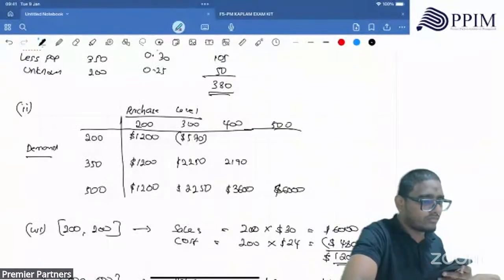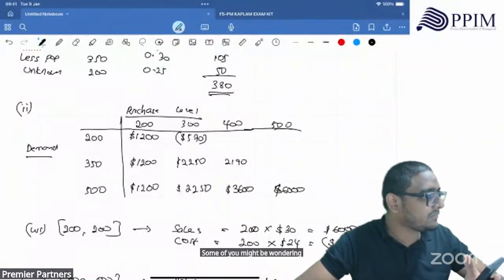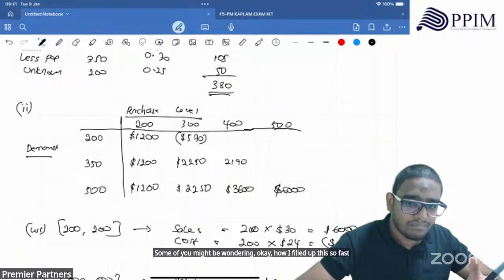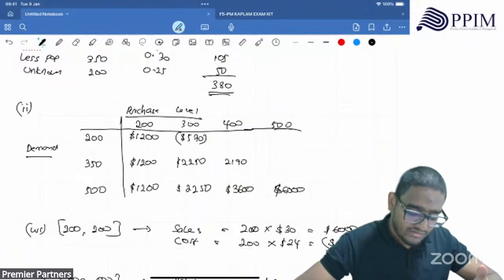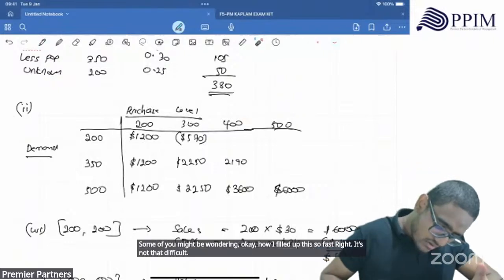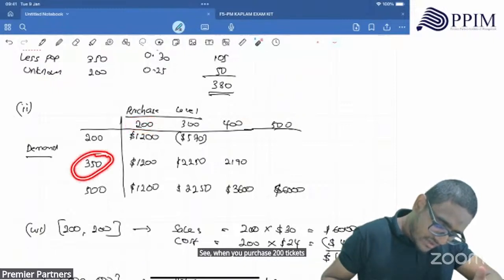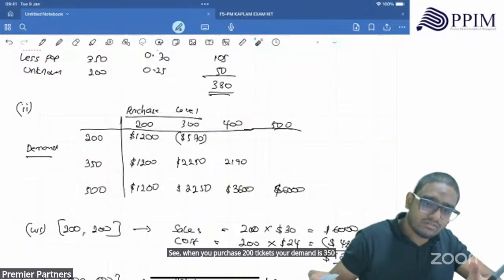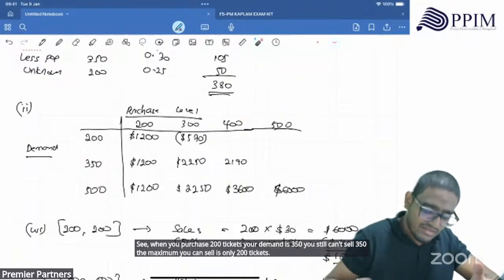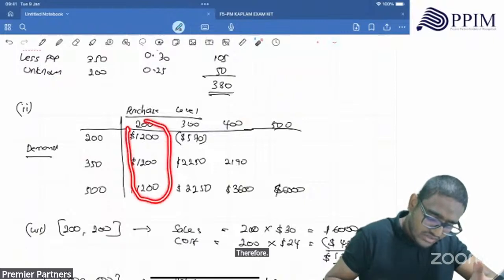Now, some of you might be wondering how I filled this up so fast. It's not that difficult. When you purchase 200 tickets, if your demand is 350, you still can't sell 350. The maximum you can sell is only 200 tickets. So this whole column you can just copy and paste 1,000.